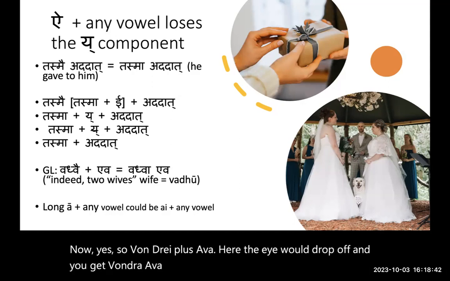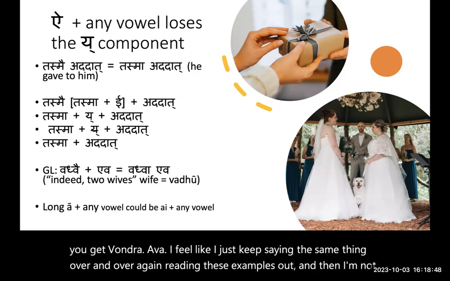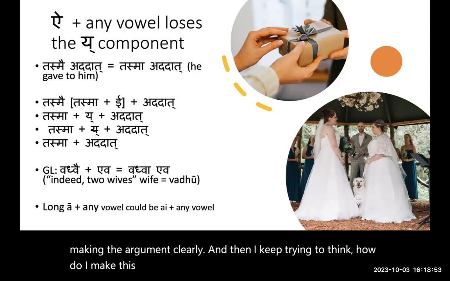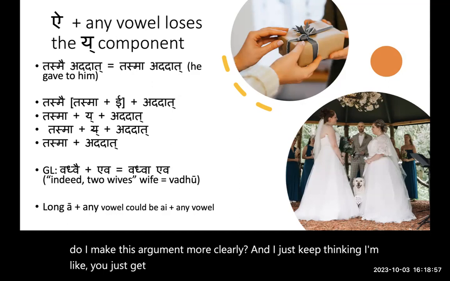I feel like I just keep saying the same thing over and over again, reading these examples out, and that I'm not making the argument clearly. And then I keep trying to think, how do I make this argument more clearly? And I just keep thinking, you just get used to seeing this.